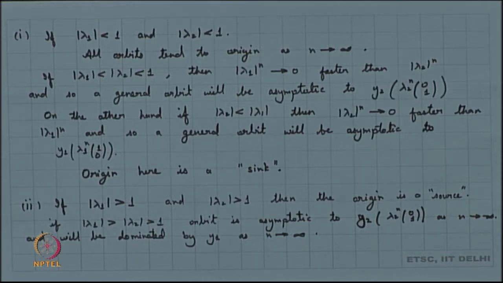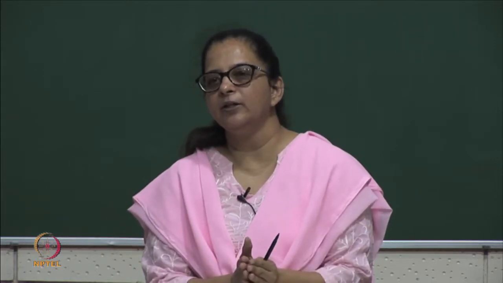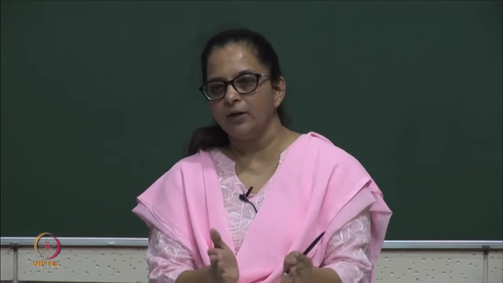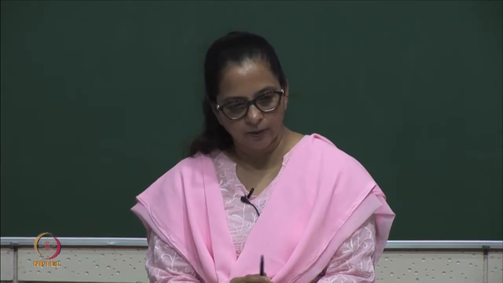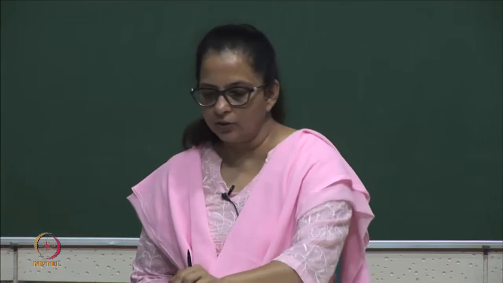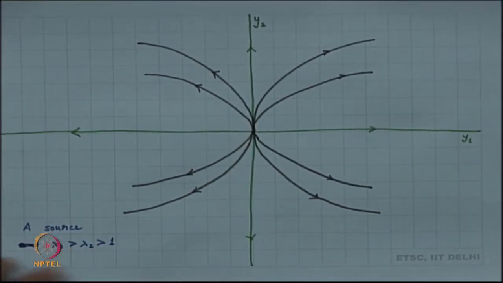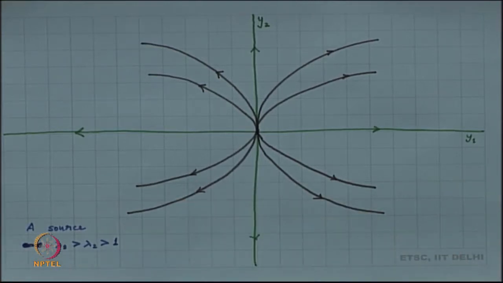So, the action of y1 happens to have a larger impact there, and if we look into what happens as time tends to minus infinity, it will be dominated by the other vector because your lambda 2 happens to be smaller. So, what happens here is that the origin is a source. Let us look into the figure here. You again have this y1 direction, y2 direction.